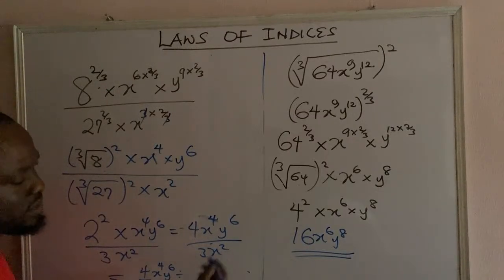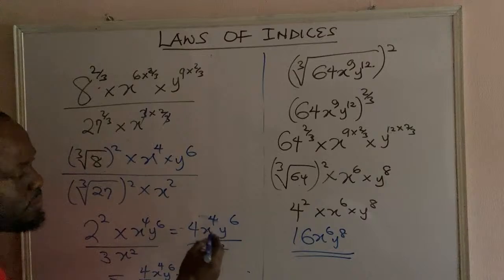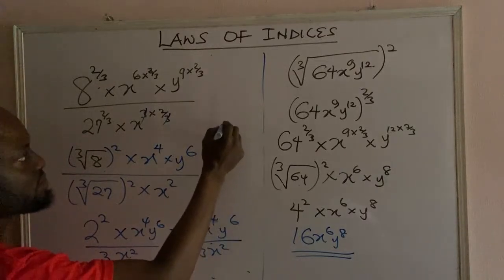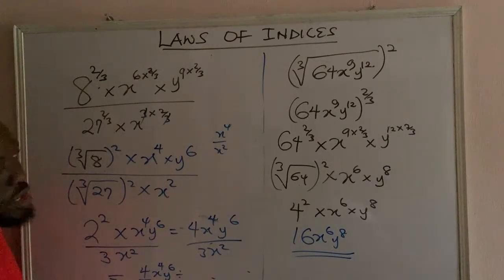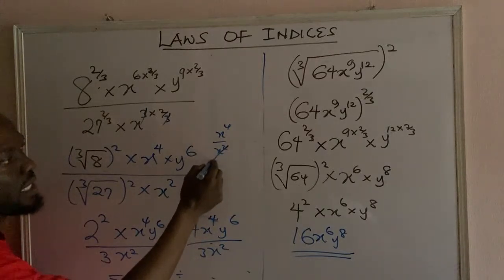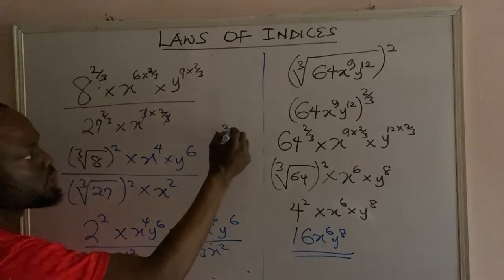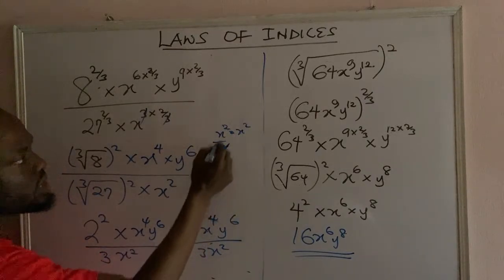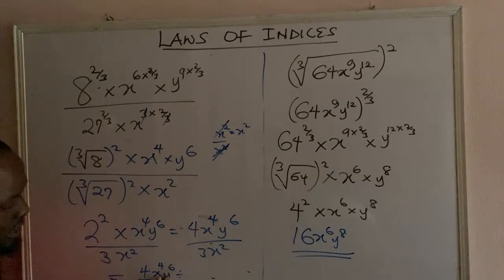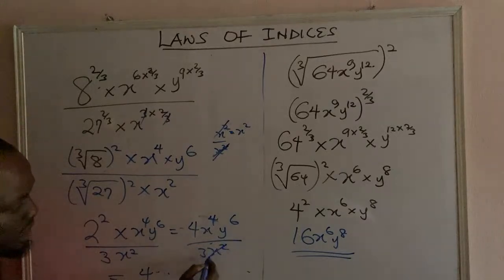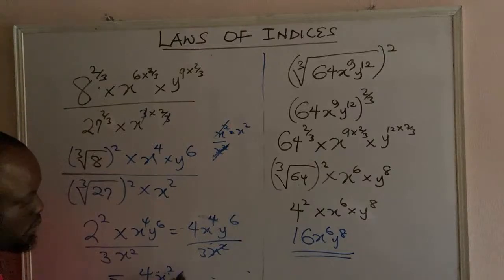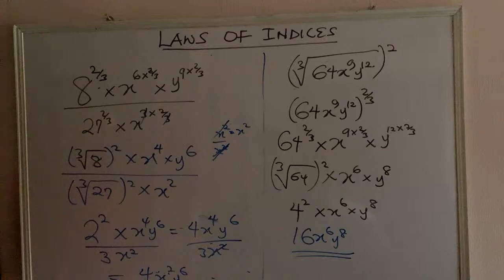Or I can cancel out x, since we have x to the 4 and x to the 2 in the denominator. If I cancel out x to the 2, x to the 4 is x to the 2 times x to the 2. So this will cancel out, and I can go straight to my answer here. So I have 4x to the 2, y to the 6 over 9. So that's my final answer.